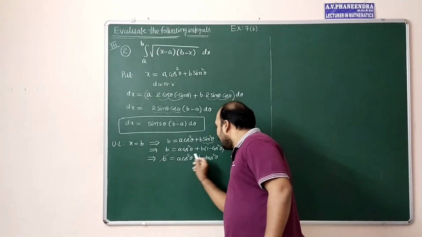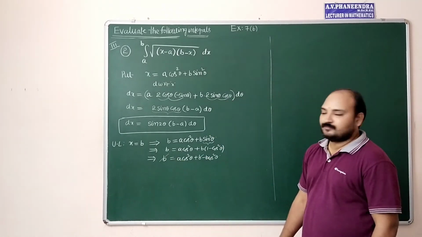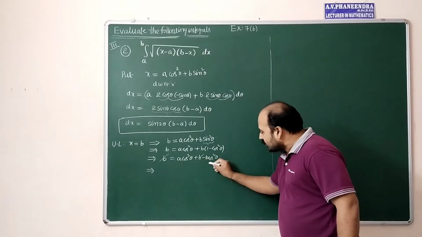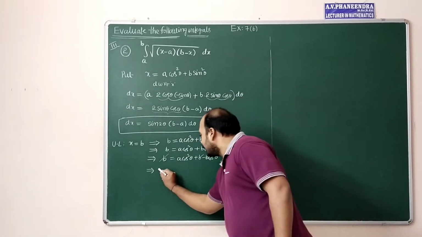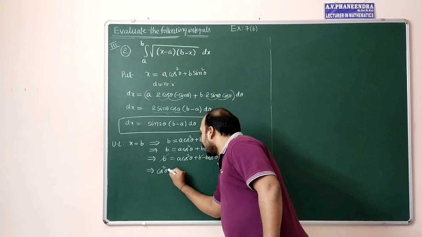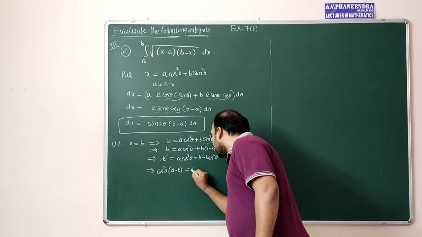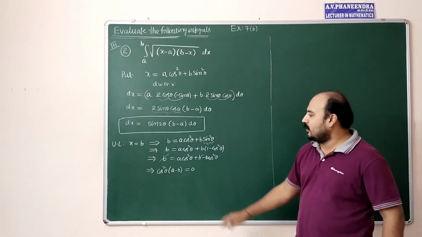On both sides b gets cancelled. That implies, from these two, cos square theta take common. So cos square theta into (a minus b) is equal to 0.